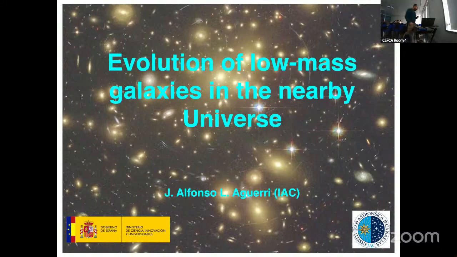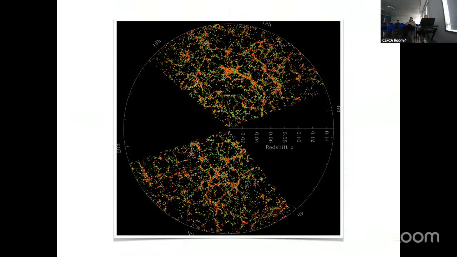It's a pleasure to be here and give you a brief summary of what I have been doing in the last year about the evolution of galaxies with environment. This is a typical picture from Sloan about the distribution of the galaxies in the nearby universe.